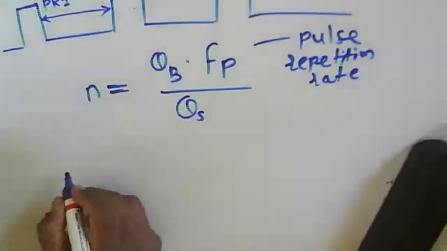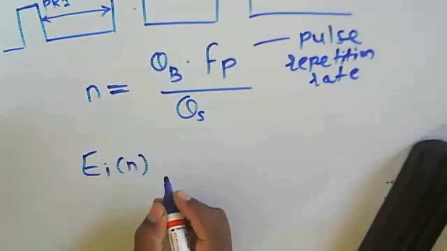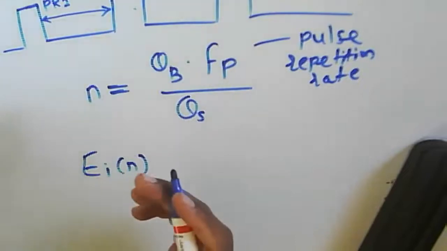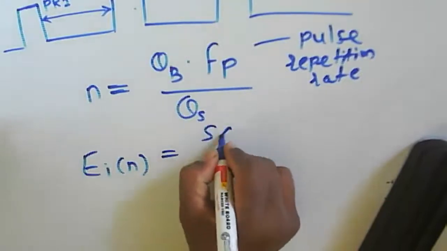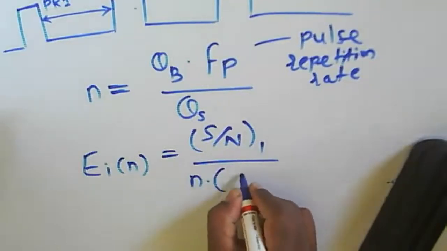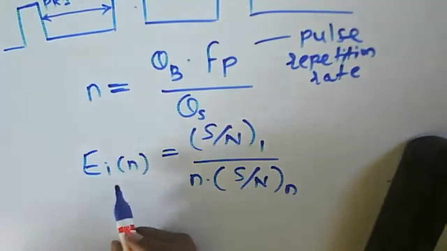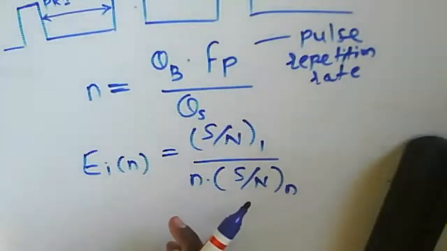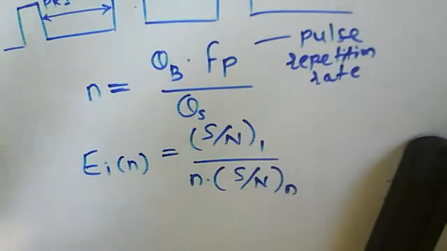So we can write here the integration of pulses, Ei, with respect to n pulses integrated here with an integration factor. We consider how many pulses are integrated with respect to the signal to noise, that is S by N of n pulses, with respect to the n pulses we are receiving.